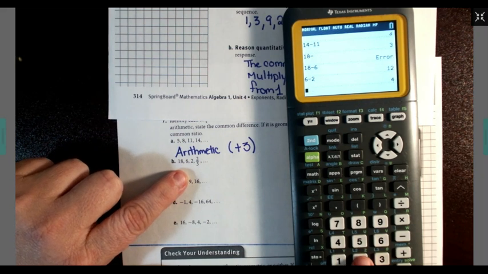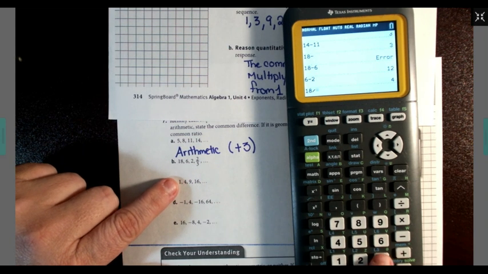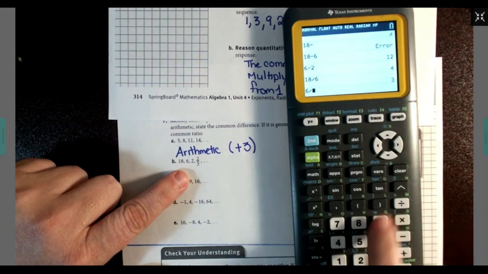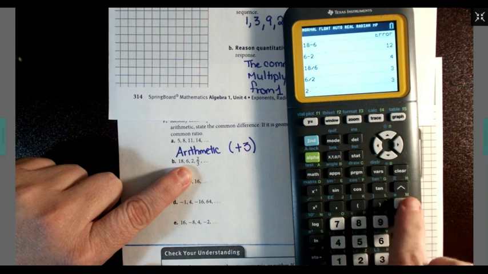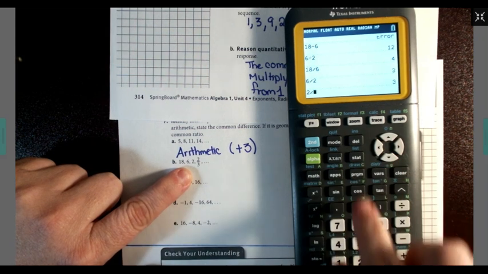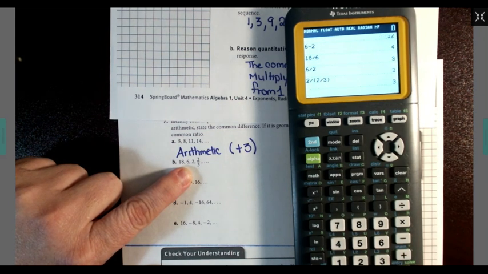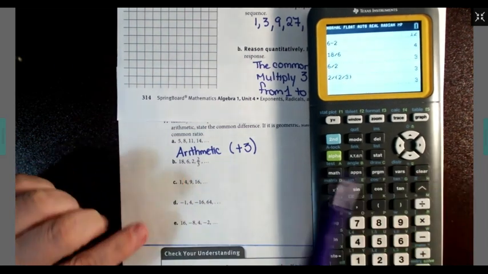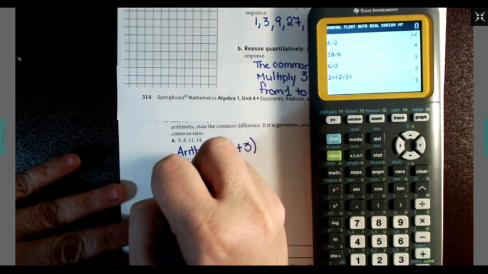Okay, so that doesn't work. Let's do 18 divided by 6. That's 3. 6 divided by 2. That's 3. 2 divided by 2/3. That's 3. I got the same number repeating. So that means because we're doing division, this is geometric.